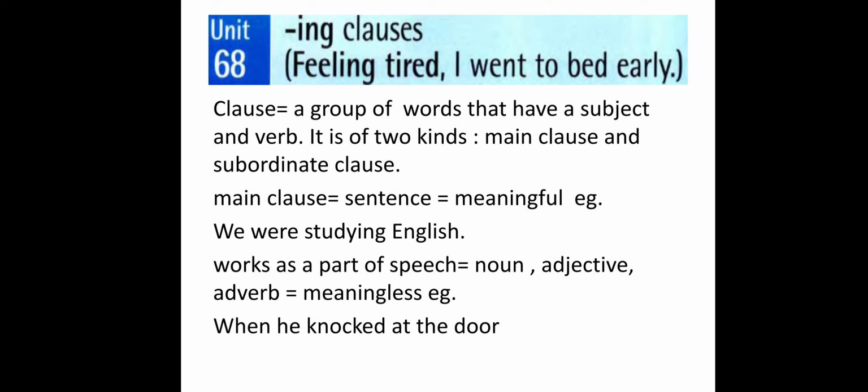They are meaningless. For example, here we have the subordinate clause, when he knocked at the door. It is meaningless. It must be connected to a main clause to form a complex sentence and to be meaningful. The main clause gives it a meaning.